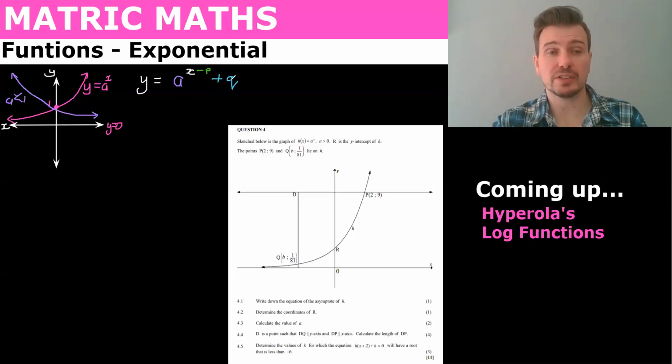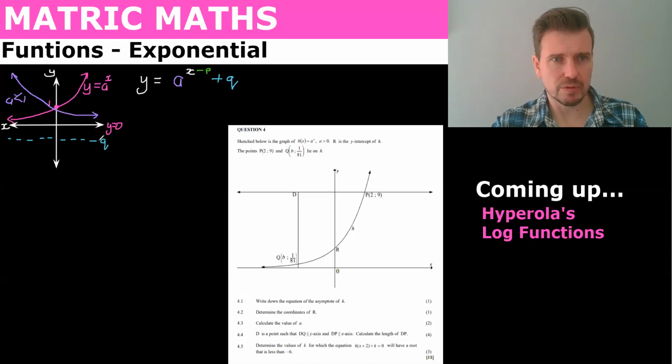However, when we change the q, well, that's going to shift it. So if I was to say plus 1, it just shifts the graph up 1. And so our asymptote, instead of being y equals 0, would be y equals 1. So let's just maybe just show that. So let's say that q was, so this would be q.